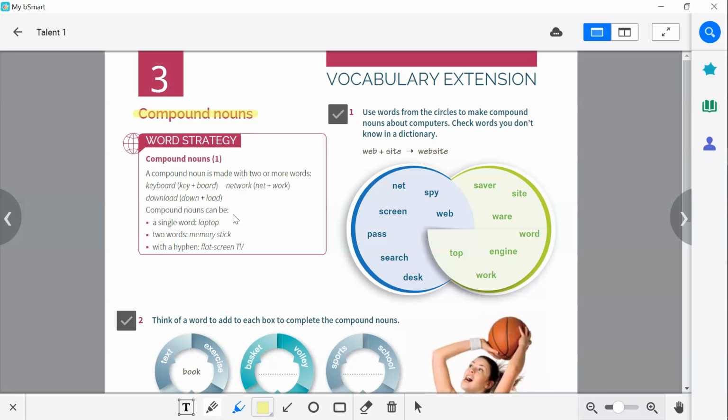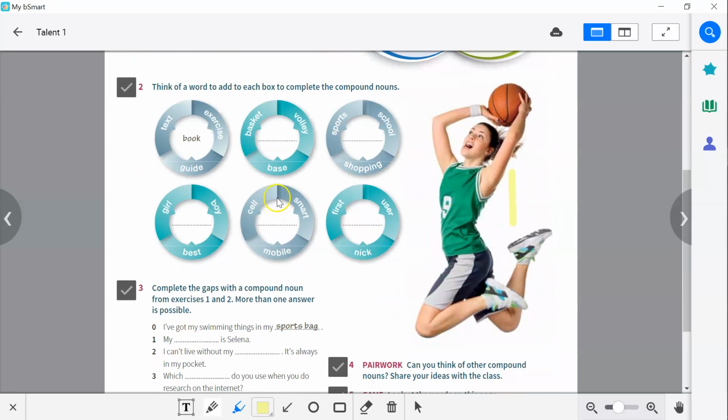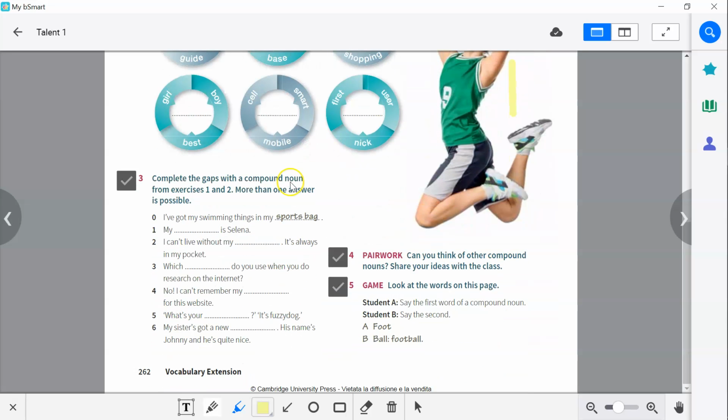The only difference between some of the compound nouns in English is that some of them make a single word. Some of them are composed of two separate words, so they are written separately, and some words are written using a hyphen.